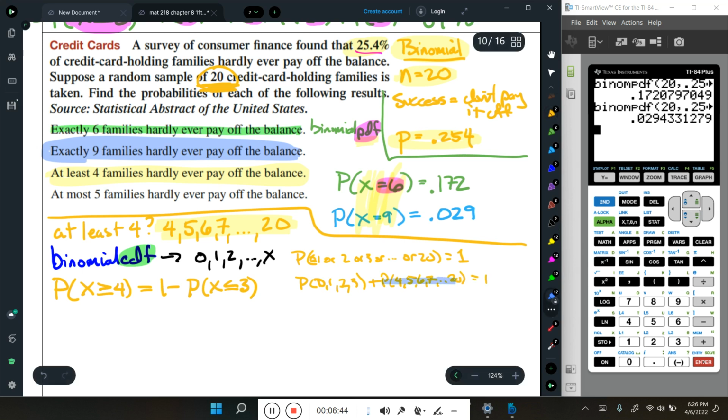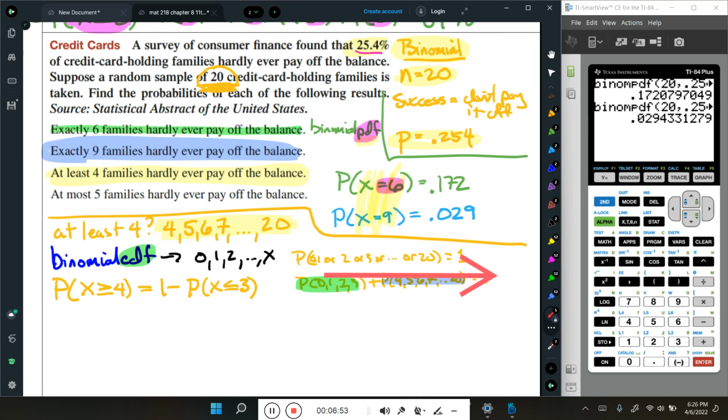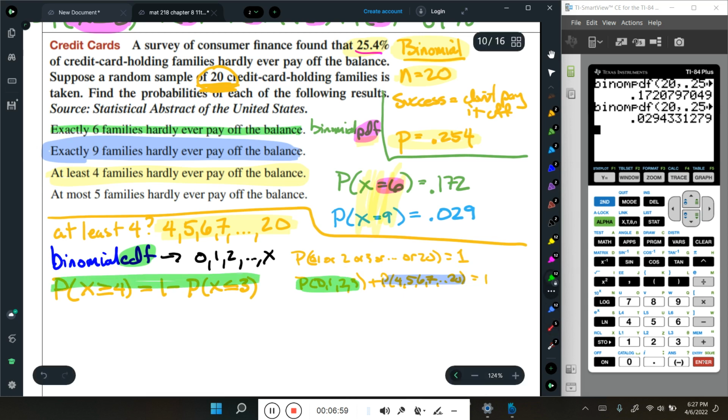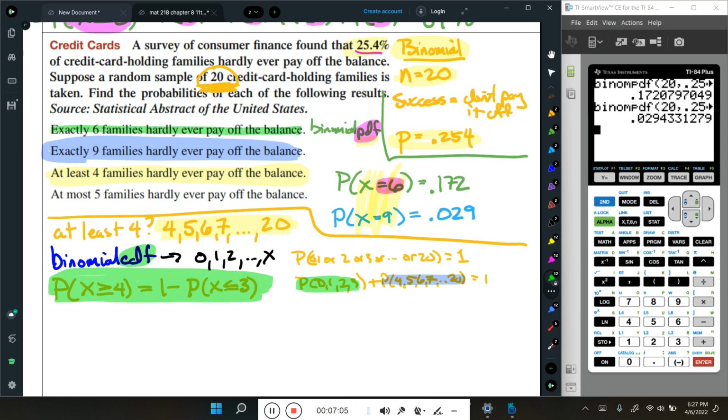And if I want this piece, I'm just going to take that piece and move it to the other side. And when I move that piece to the other side, that's where I get this statement right here. The probability that x is 4 or more is just 1 minus the probability that x is 3 or less.